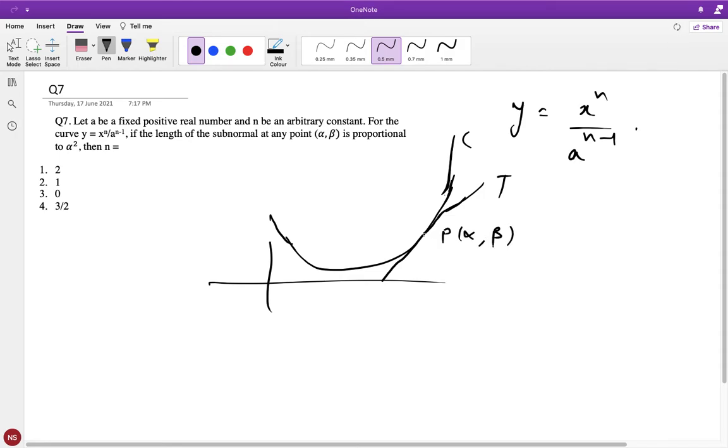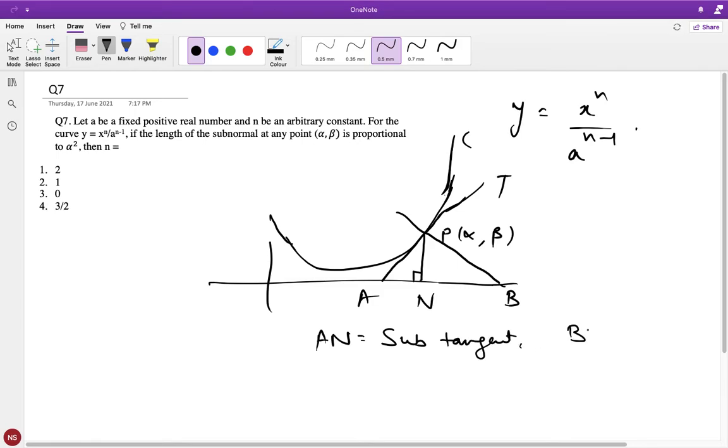If I draw this perpendicular, and this is the normal at this point, this is point A and this is point B, then AN is the subtangent and BN is the length of the subnormal, if I am not mistaken.